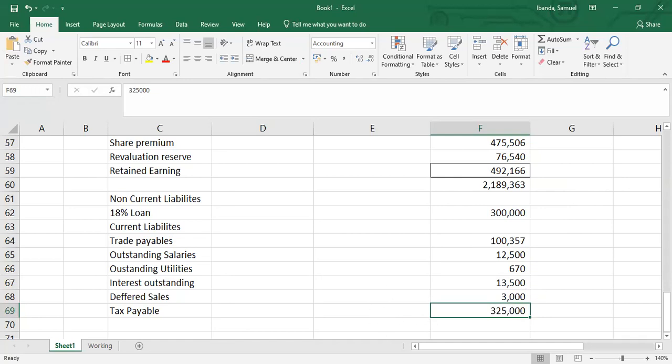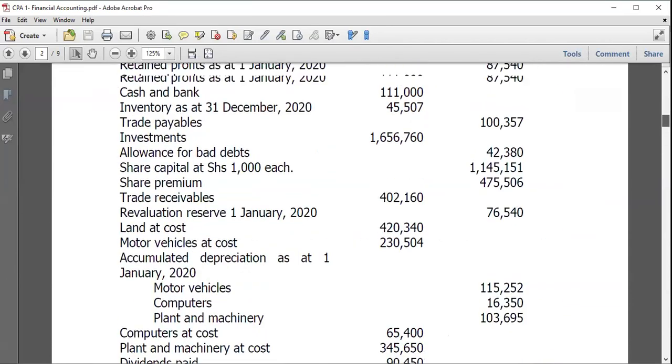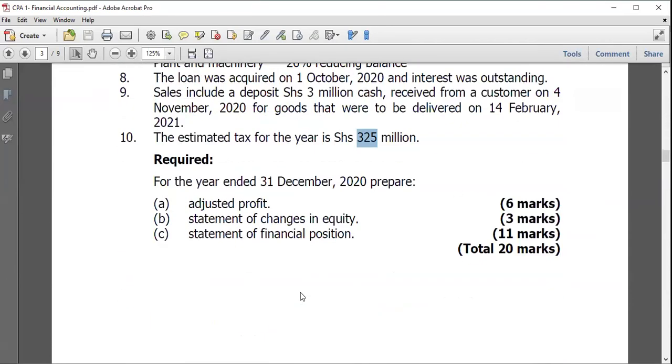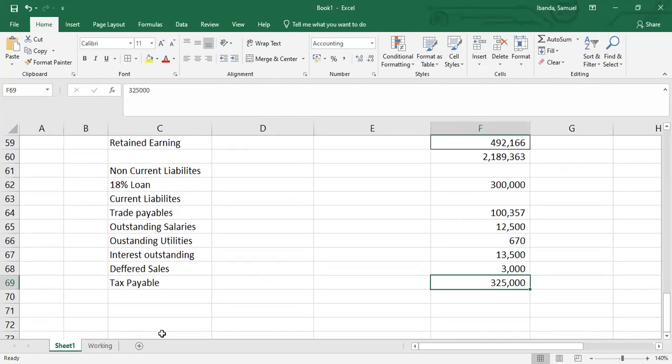So yours is again to go back, since this is your last item, to just check through and confirm that you've included all your liabilities, okay? And what you may want to just do here is add up and see if your statement balances. If it doesn't balance, then that is an indication that there is something that you might have left out. Okay, so I'll just get the total.